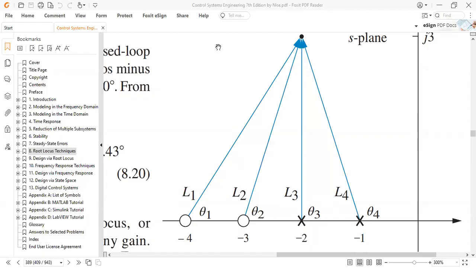Yes sir, it's perpendicular. And why is it so? Because it's perpendicular: the point is at -2 plus j3 itself, and we have the pole at -2, so theta 3 is going to be equal to 90 degrees.